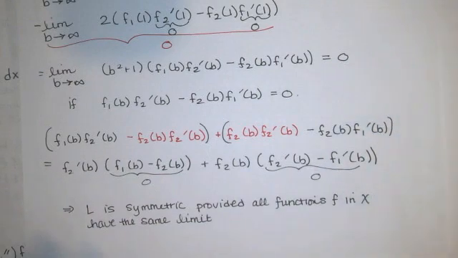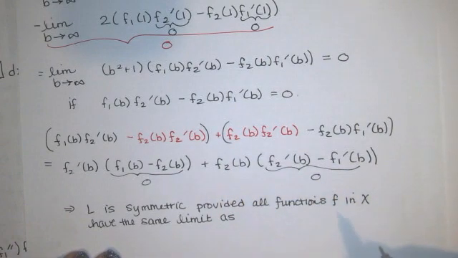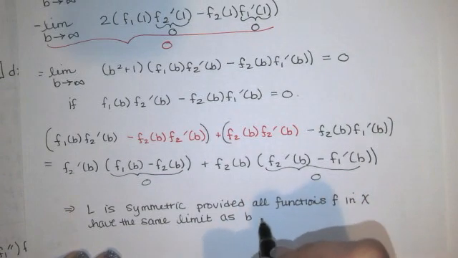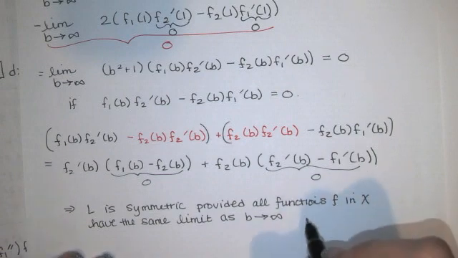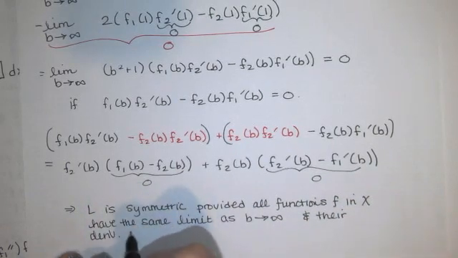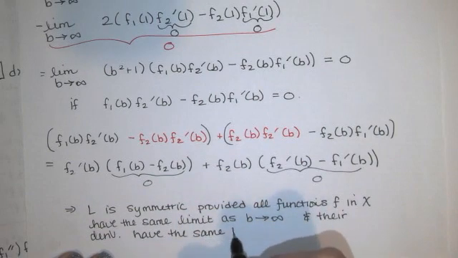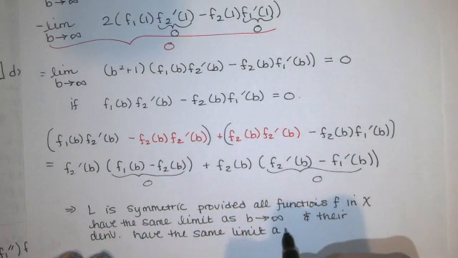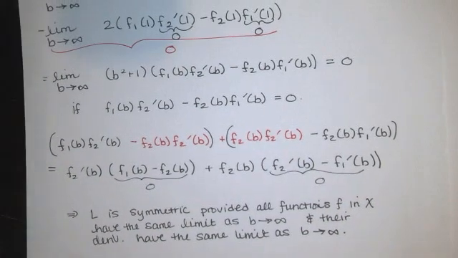I'm not going to get into that too much. Let's say that they have the same limit as b goes to infinity. And their derivatives have the same limit as b goes to infinity. If that's true, then we're good to go. And our operator is symmetric.